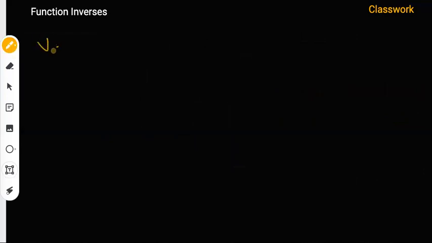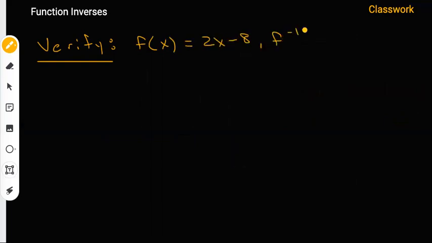Okay, so to verify, what I'm going to do is start off by listing both of the functions. My f of x was 2x minus 8, and my f negative 1 of x was x plus 8 over 2.